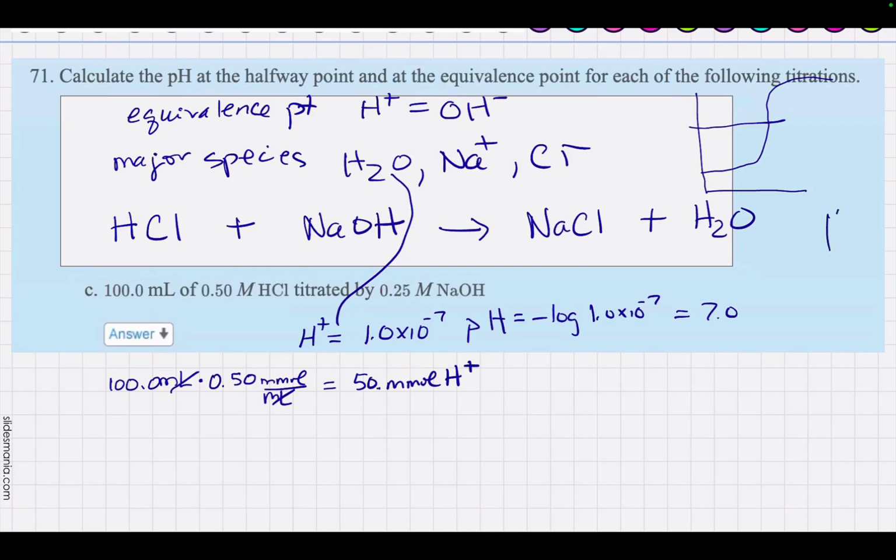So when we're titrating, we're starting with 50 millimoles of hydrogen ions.